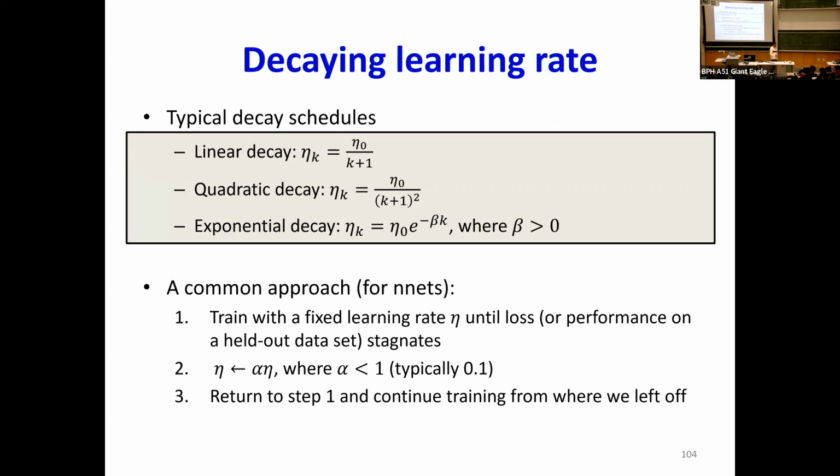It can be quadratic, so divided by k plus 1 squared. Or it can be exponential. There are different ways of doing it, and there are various techniques, like trying to optimize the learning rate on held out data if it's not a neural network with smaller problems. But there's a logic to all of this, and we will cover this logic in a couple of classes because it becomes more appropriate when we begin talking about stochastic gradient descent.